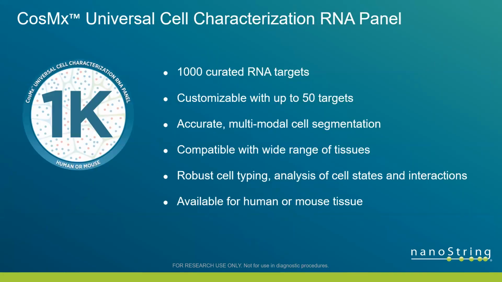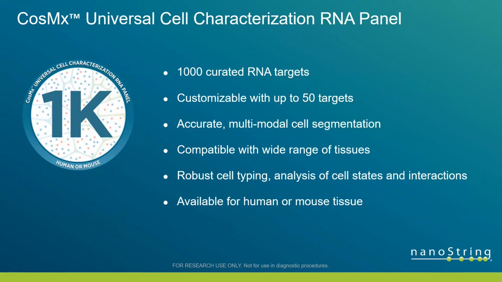So when it comes to first our 1000-plex panel, this was the first launch that we had. This is a panel that's readily available today, both for human and mouse. It provides, again, the same accurate multimodal cell segmentation strategy, which we'll share. It's compatible across a wide range of tissues.